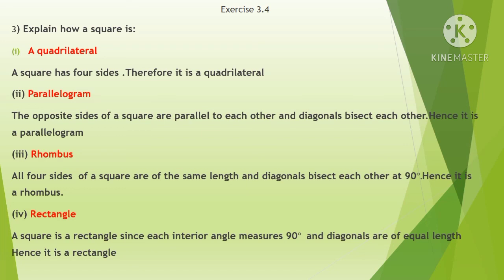Understood, children? They are comparing: a square is also a quadrilateral, a square is also a parallelogram, a square is also a rhombus, a square is also a rectangle. We want to give the explanation why we are saying that. So what properties does a square satisfy for the rectangle, rhombus, parallelogram and quadrilateral? Read it carefully and understand it.